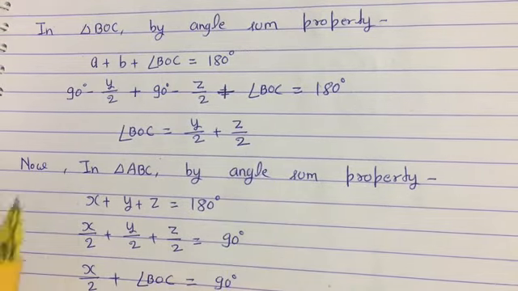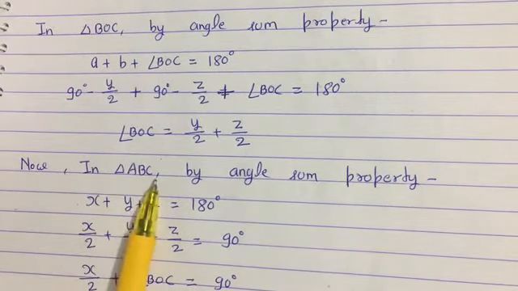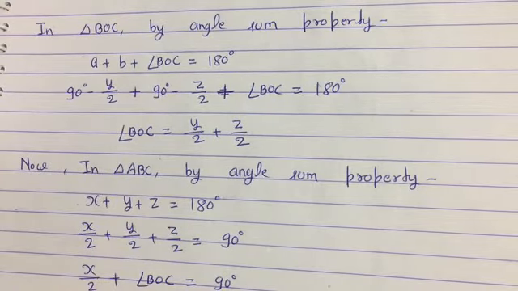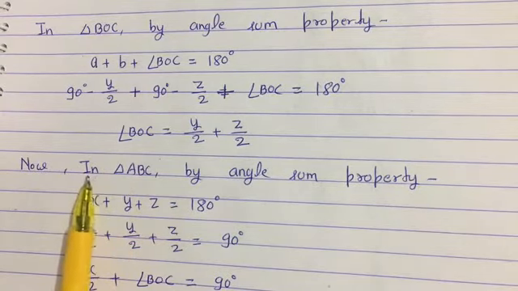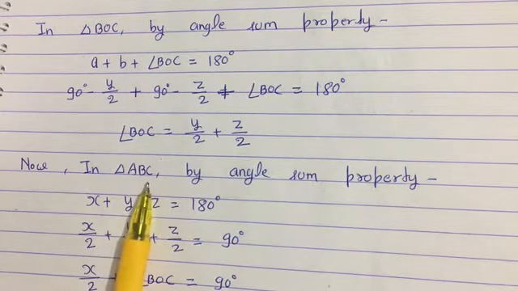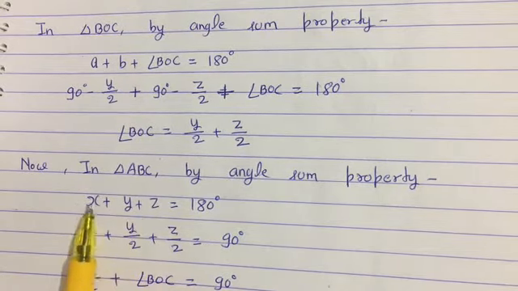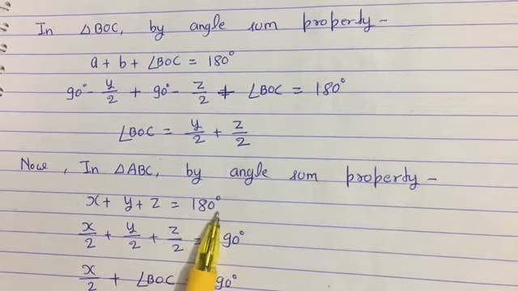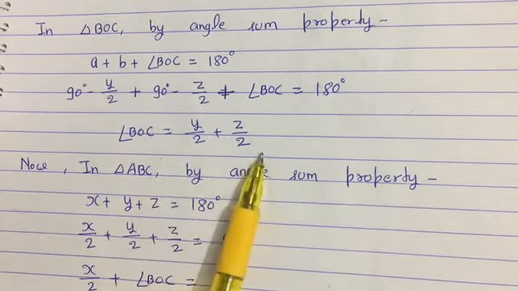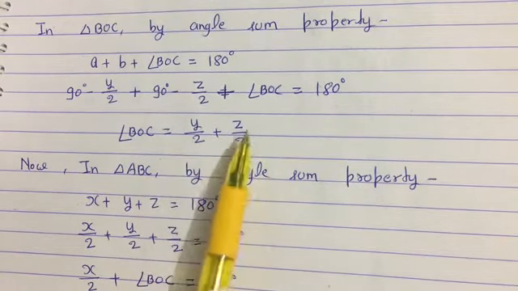Clear? Now in triangle OBC, I said to you that we have to apply the angle sum property in two triangles. In triangle BOC, first of all, angle sum property, and then in triangle ABC. So now we are going to apply the angle sum property in triangle ABC. All angles are named as x, y and z. So x plus y plus z is equal to 180 degree, because in this relation we have y by 2, z by 2.